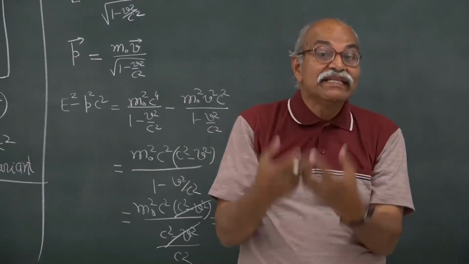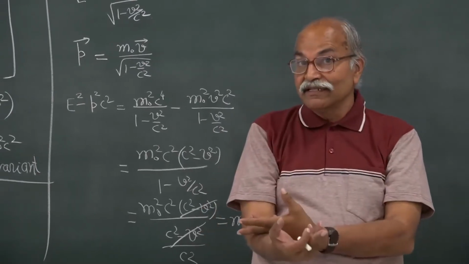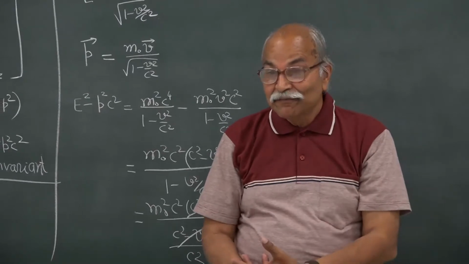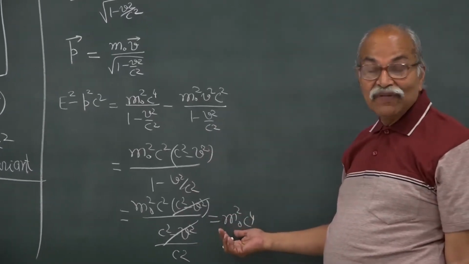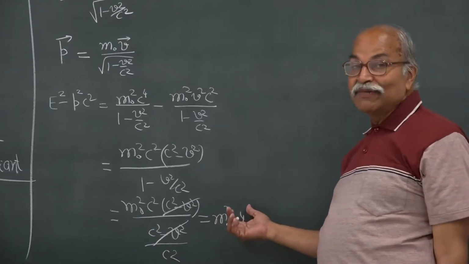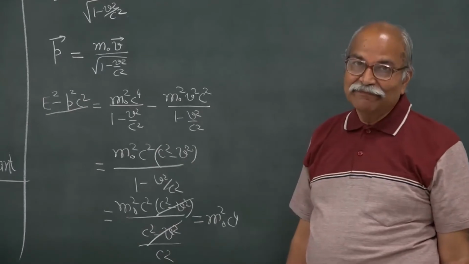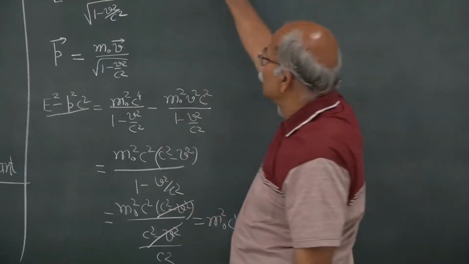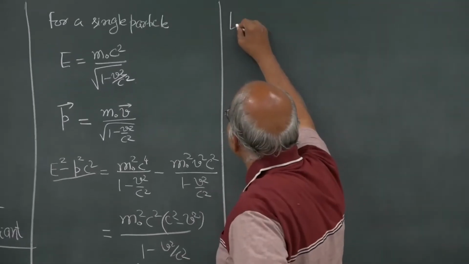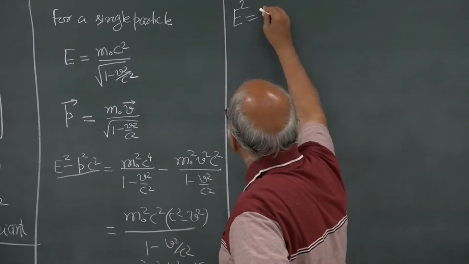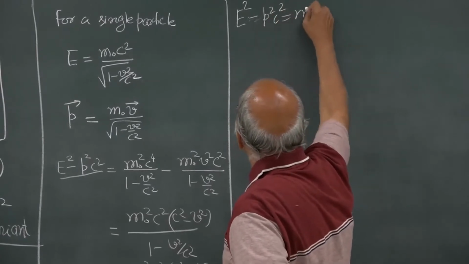Only the speed is changing, velocity is changing, correspondingly total energy is changing, momentum is changing, but this rest mass m naught remains the same, and therefore m naught square c to the power 4 remains the same, and therefore E square minus P square c square remains the same. So, for a single particle, you have another good relation, E square minus P square c square is equal to m naught square c to the power 4.